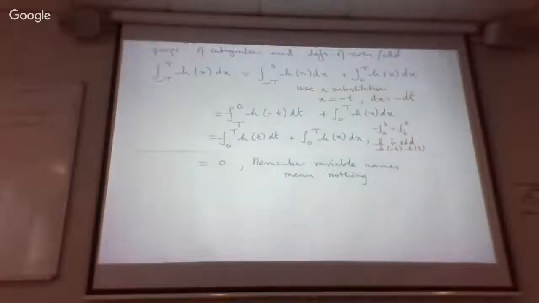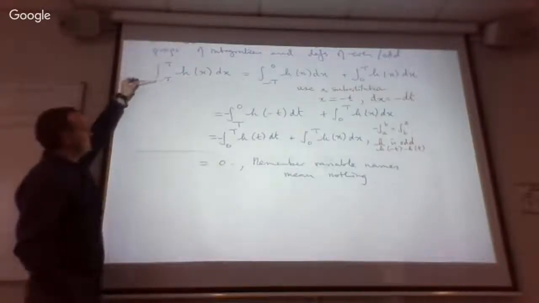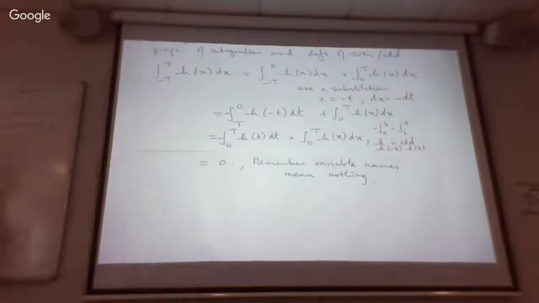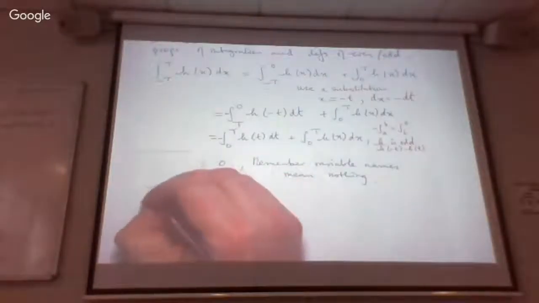Okay, so that's why the integral of an odd function along an interval centered at 0, so going from minus t to t, is always 0. And you can establish the other formula the same way.